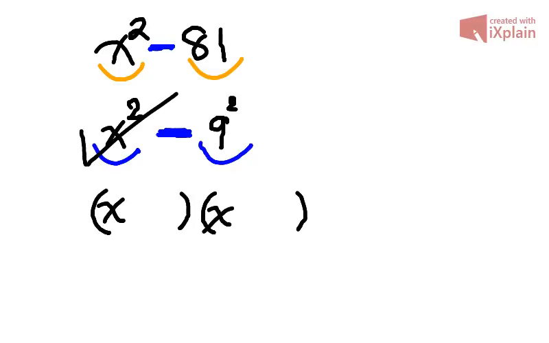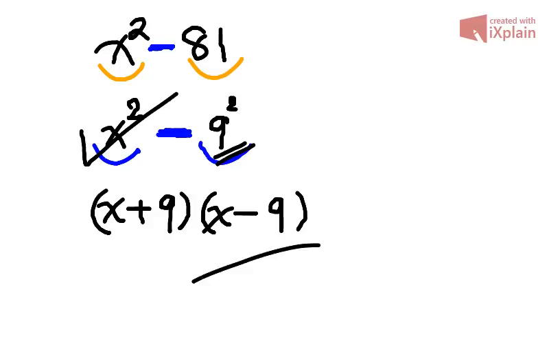The second condition to satisfy is using that 9, which is the square root of 81, as the second element. And then we need a plus and a minus. That's it. So always looking for the subtraction, so the difference of 2 perfect squares, and then separating them, square rooting each one and using one pair with addition and one with subtraction.